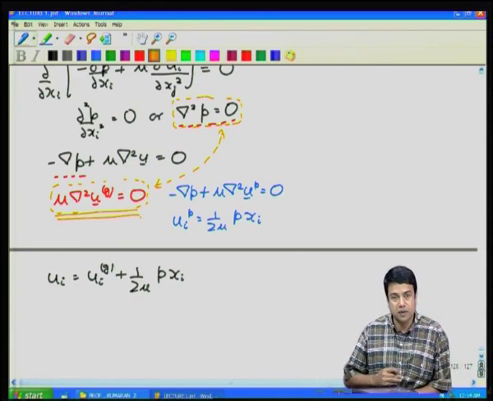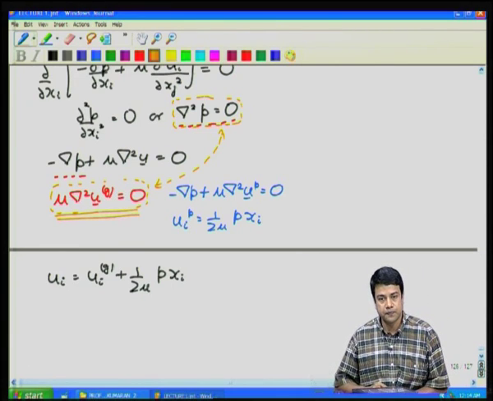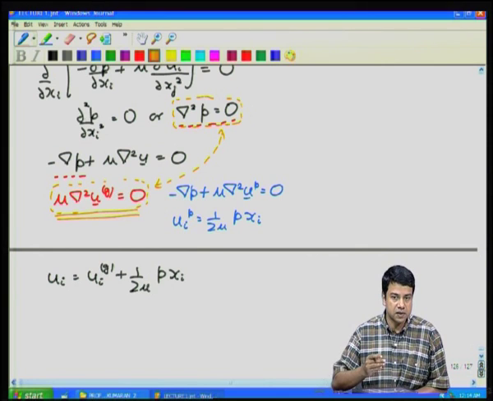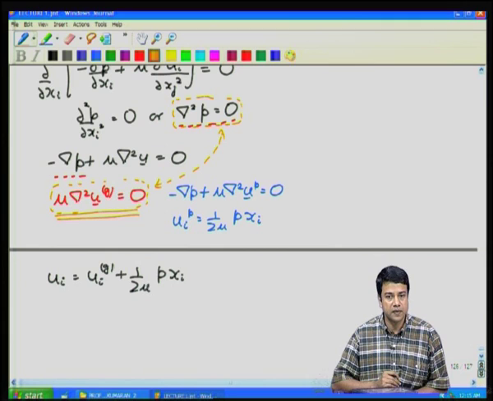It is a vector equation, it contains 3 components. And this equation is telling you that del square of each component of the vector is equal to 0. That is a solution. So, if you wanted to solve it that way, you would have to solve scalar Laplacian equations for each of these, the pressure plus the 3 components of the velocity.